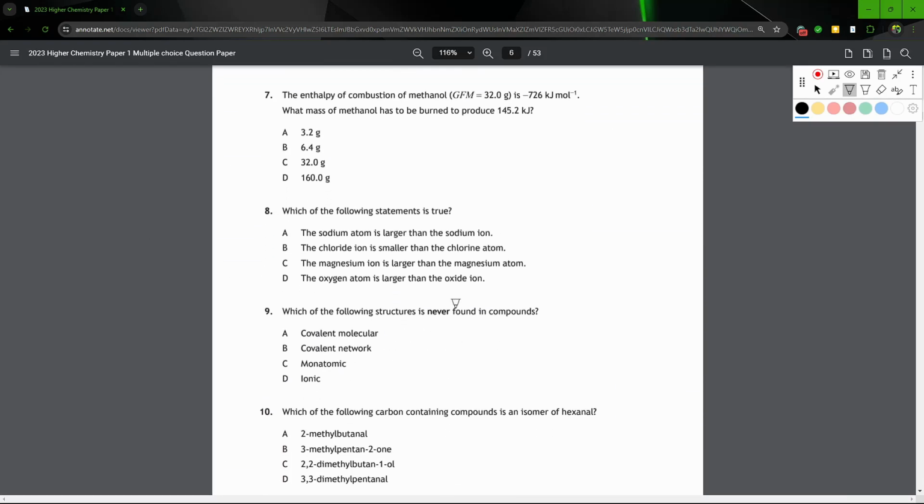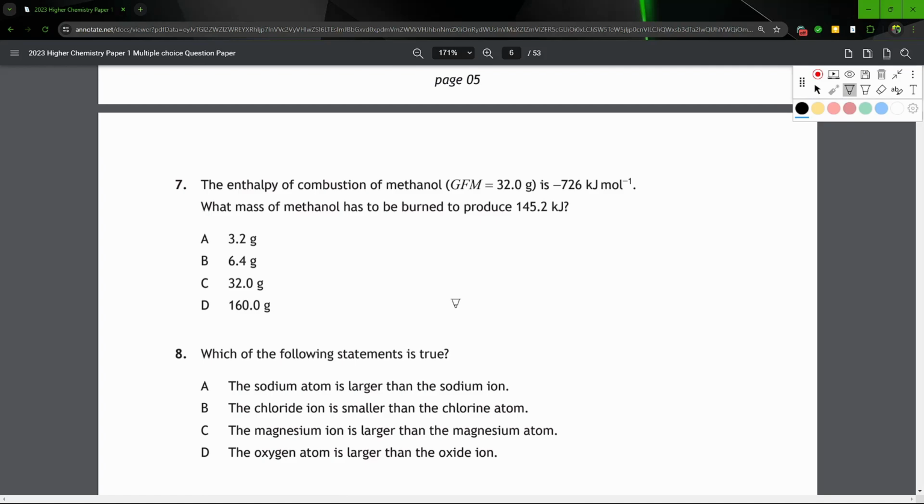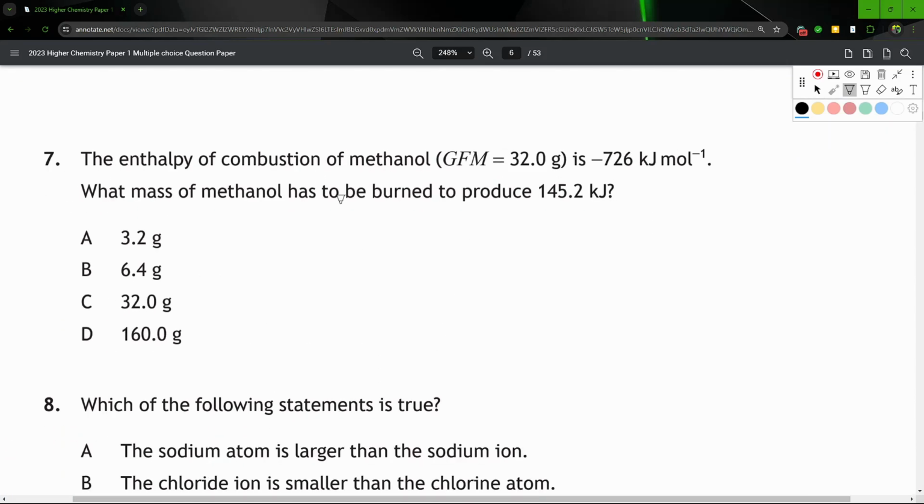Move on to 7. The enthalpy of combustion of methanol is negative 726 kilojoules per mole. What mass of methanol has to be burned to produce 145.2 kilojoules? Okay, so this is going to be doing some fancy formulas here. So remember, enthalpy is energy over number of moles.